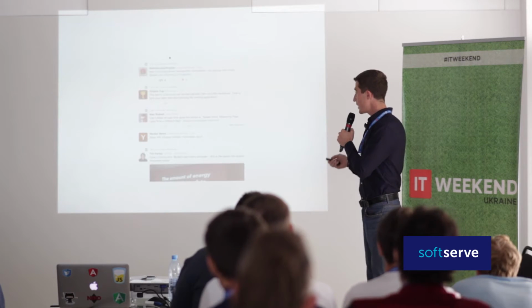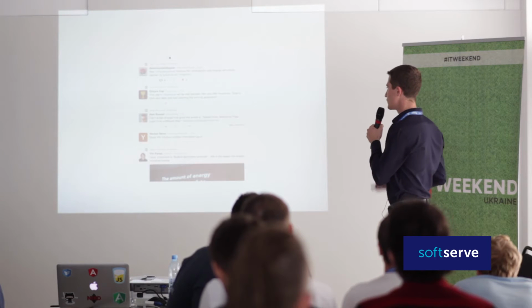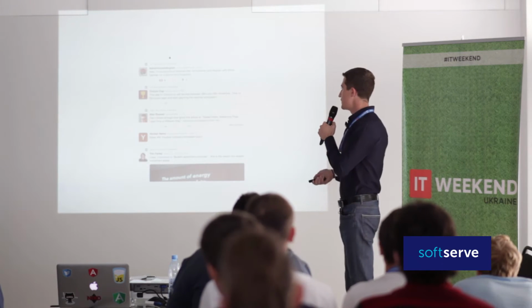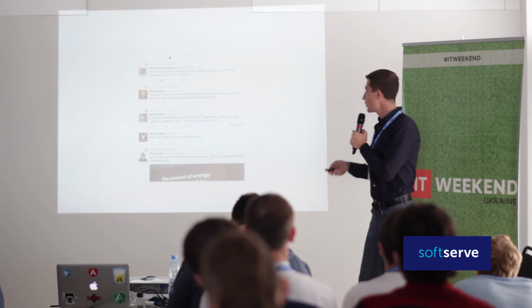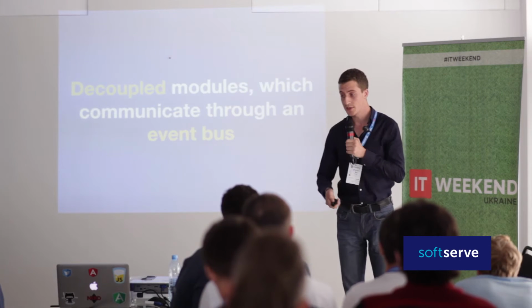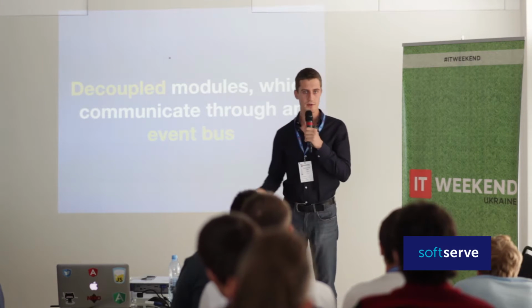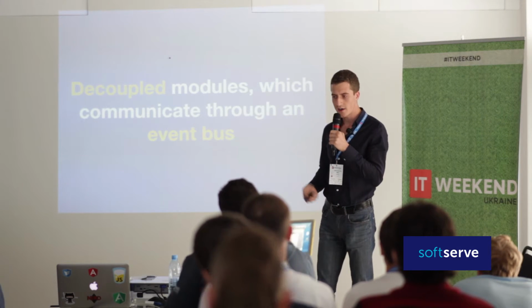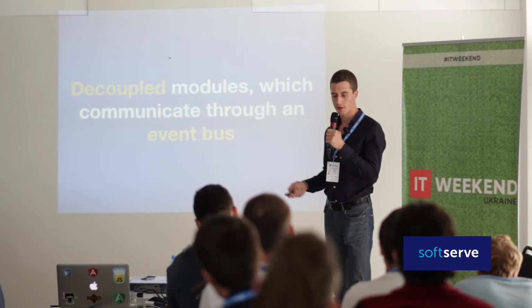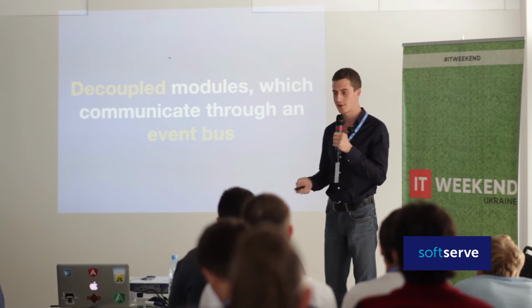And the event is captured by front-end modules like this one, the tweet list, and they handle it. For example, the tweet list will add the tweet at the top. Basically, this architecture consists of decoupled modules which communicate together through an event bus. That's it. This architectural pattern is still popular in the JavaScript community, and Nicholas Zakas is doing everything to keep it alive.